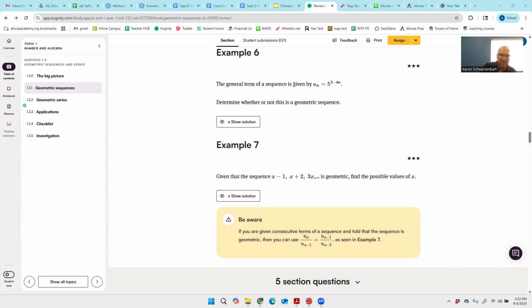Okay. The general term of the sequence is given by U sub n equals 5 to the 3 minus 4n. Determine whether or not the sequence is geometric. So there's a few different ways to do this. You could start plugging them in. U sub n, or I'm going to try ripping this apart.